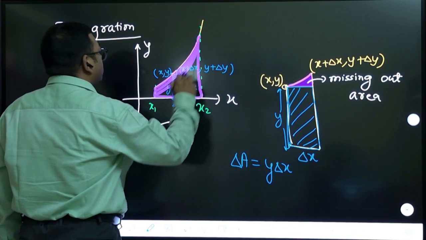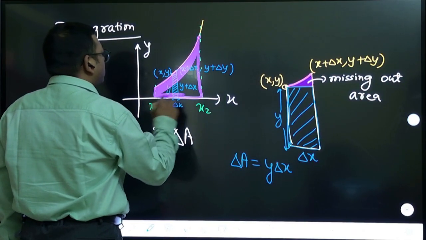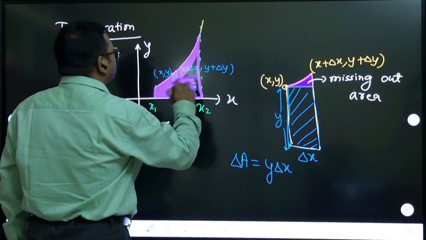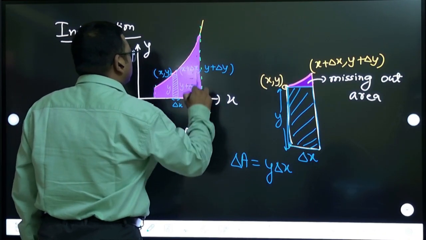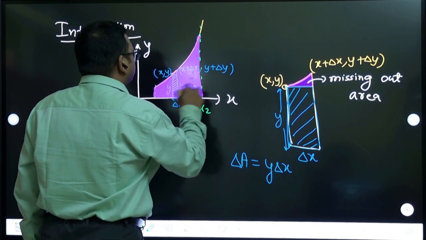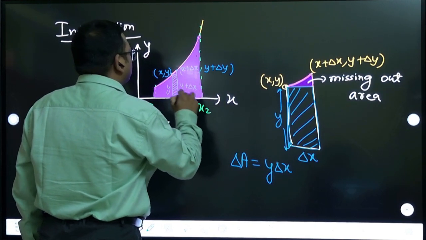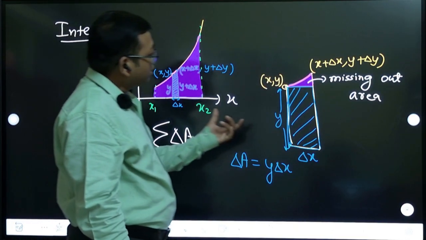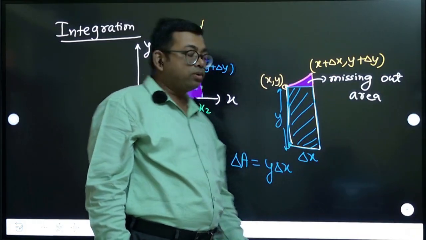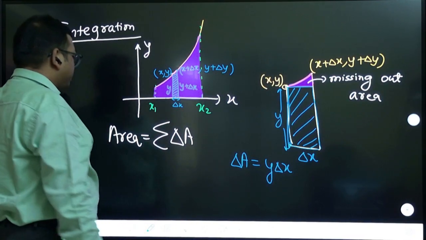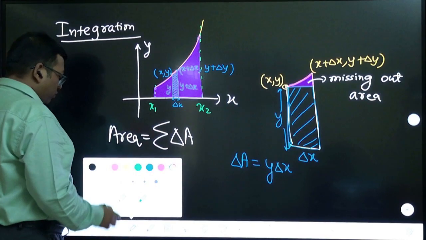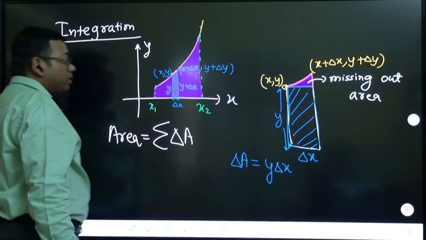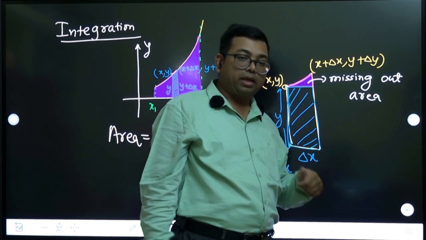This entire area we want, but while you are trying to take area, this area is getting missing out, so you will not get this exact area. So if you want exact area, you have to remove this missing area.